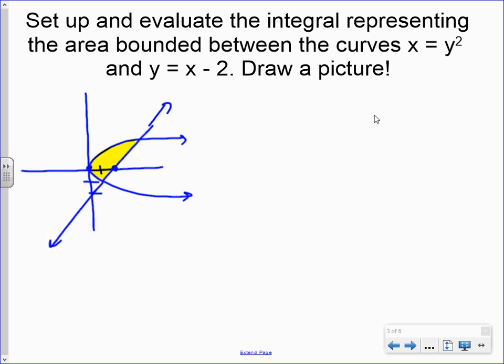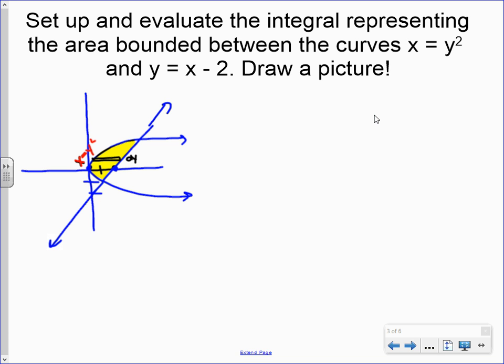Now, we are going to draw a horizontal rectangle with thickness dy, and you can see now that the function on the right is consistent, the function on the left is consistent. Because now that we keep it as x equals y squared, it's one equation. Yesterday we had to split it into two different equations, y equals radical x and y equals negative radical x. But if we leave it as x equals y squared, it's one. Okay?